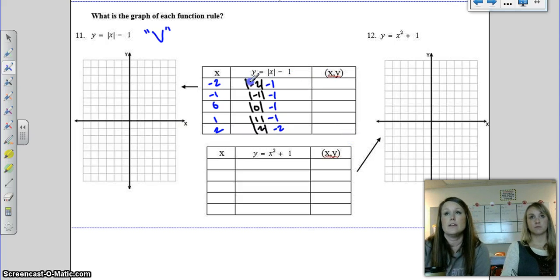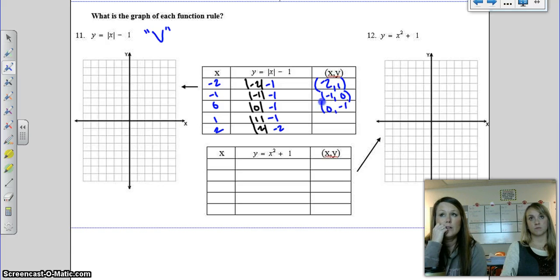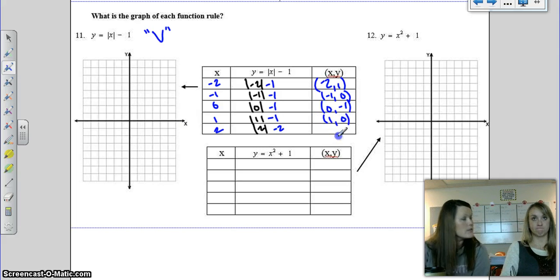The first one is -2, absolute value of -2 is 2, 2 minus 1 is 1. So -2, 1. Then 1 minus 1 is 0. 0 minus 1 is -1. 1 minus 1 is 0 again, which is okay. That's going to help me make my V. And then 2 minus 1 is 1.